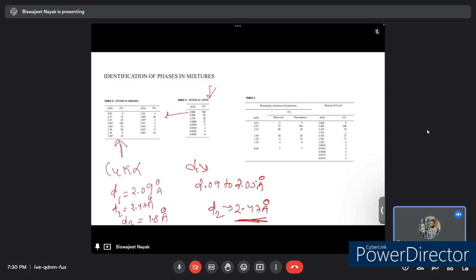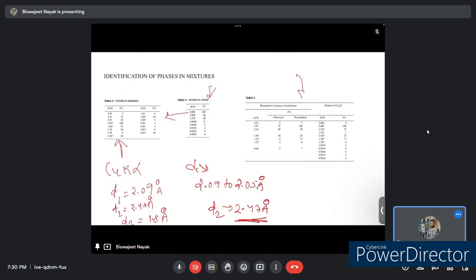So if we assume that D1 equals 2.09 and D2 equals 1.8 for one phase, in a search of the same group of D1 values, but now in the vicinity of D2 equals 1.80, they are in agreement between the three strongest lines of the pattern of copper.